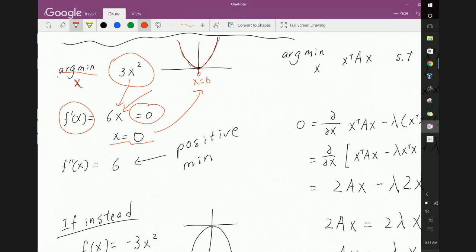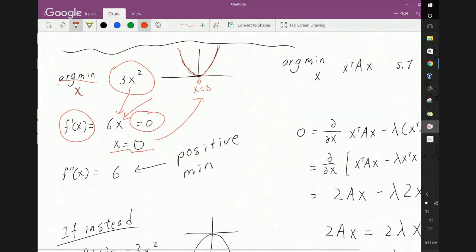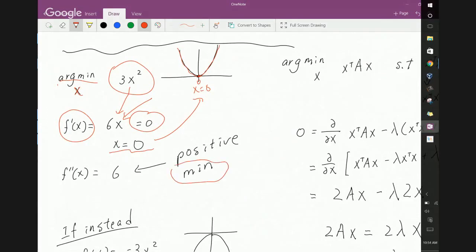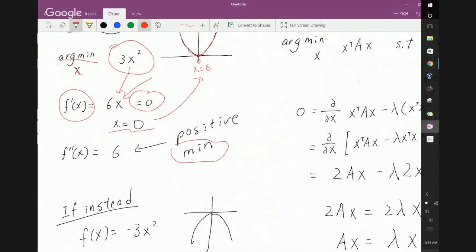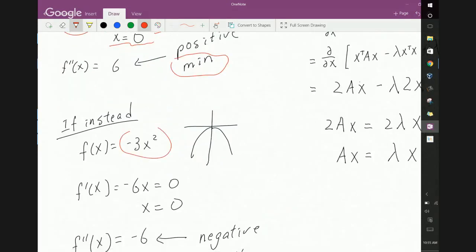We also learn in calculus that just because we found this point, it doesn't mean that it's always going to be a minimum. It could have been a maximum. Like here, for example, we used positive 3x squared, but what if it's negative 3x squared? It looks like a hill with a maximum.